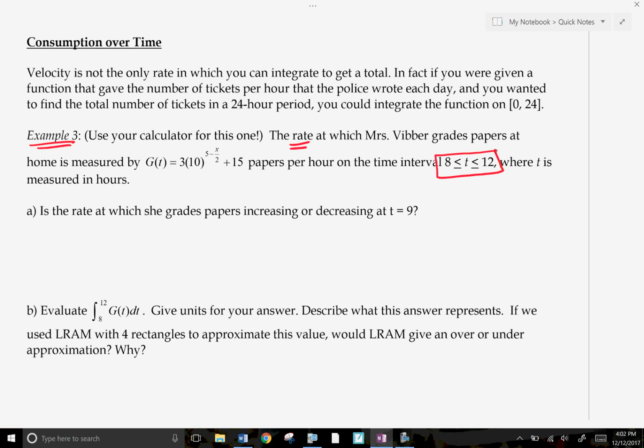So, here's the rate at which I grade papers. What kind of questions am I asking here? Is the rate at which I grade papers increasing or decreasing? Well, I know if something's increasing or decreasing based on the sign of its derivative. So I want to know the sign of g prime of 9. I told you to use your calculator, so I'm going to do that.